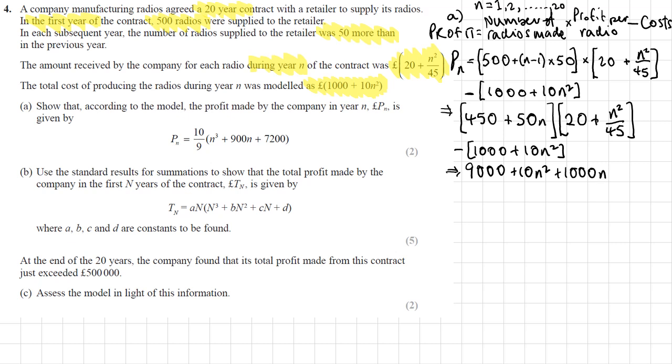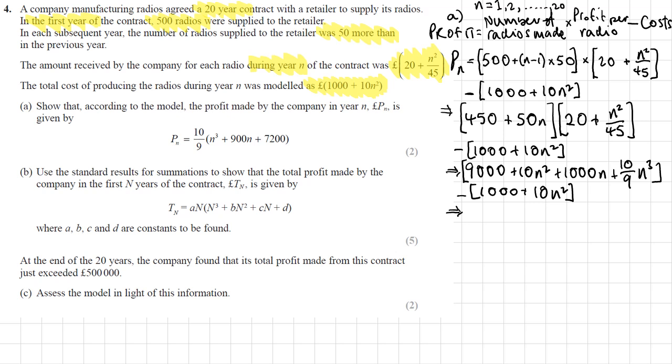And then lastly 50n times n squared over 45, that gives 10 over 9 n cubed. Right, so that's the first part. And then from that we're going to subtract 1000 plus 10n squared. So let's do that and then see what we get.